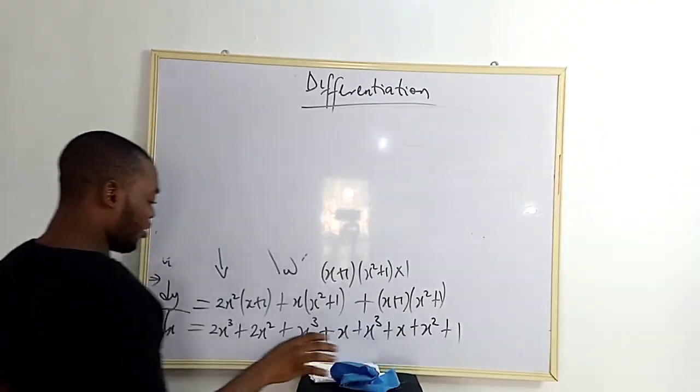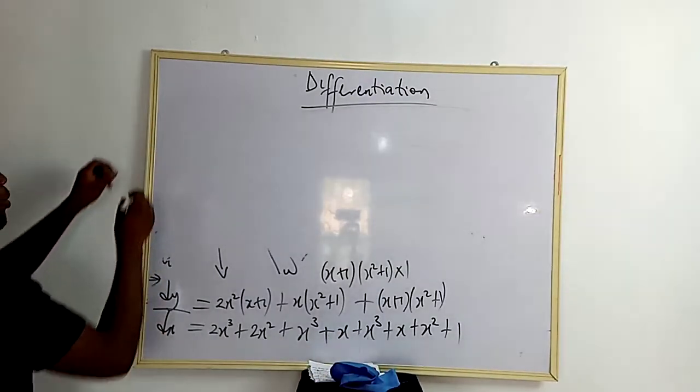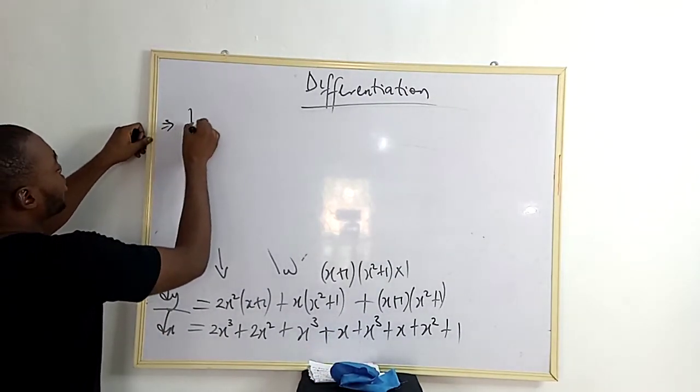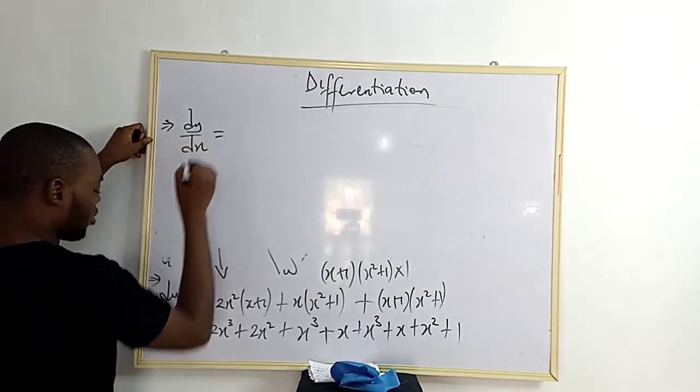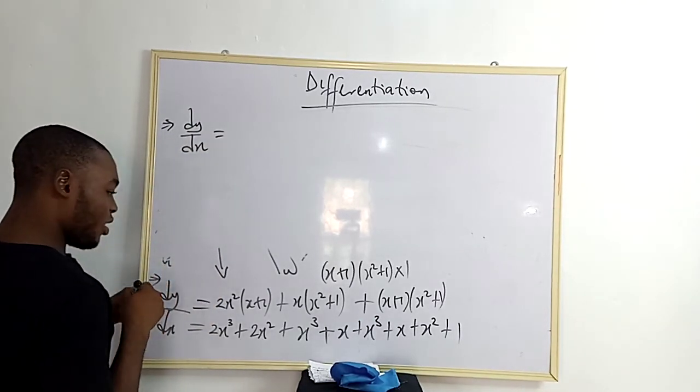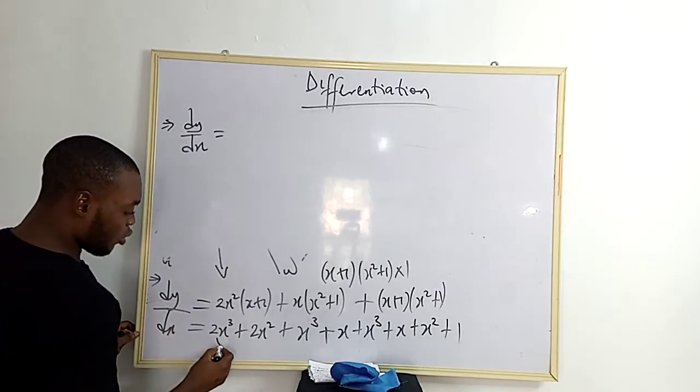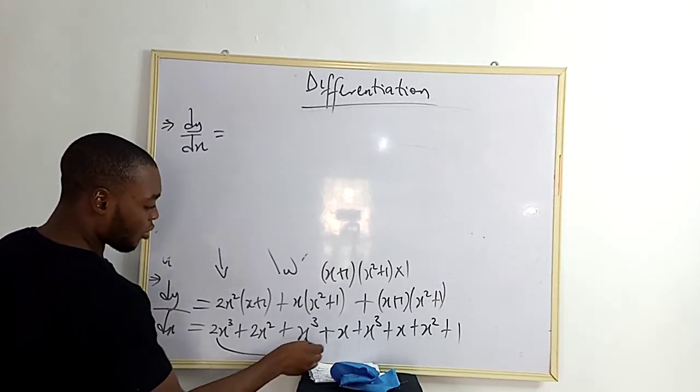So what do we have next? So this implies dy/dx equals 2x cubed plus x cubed plus another x cubed.